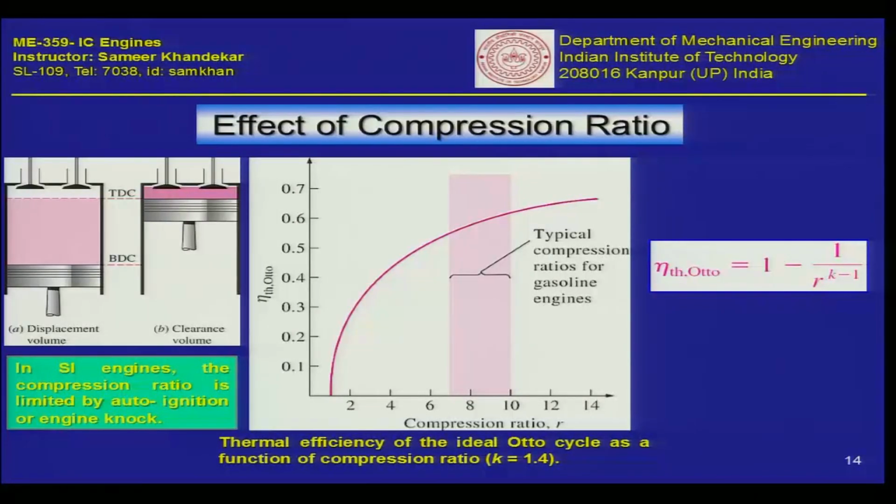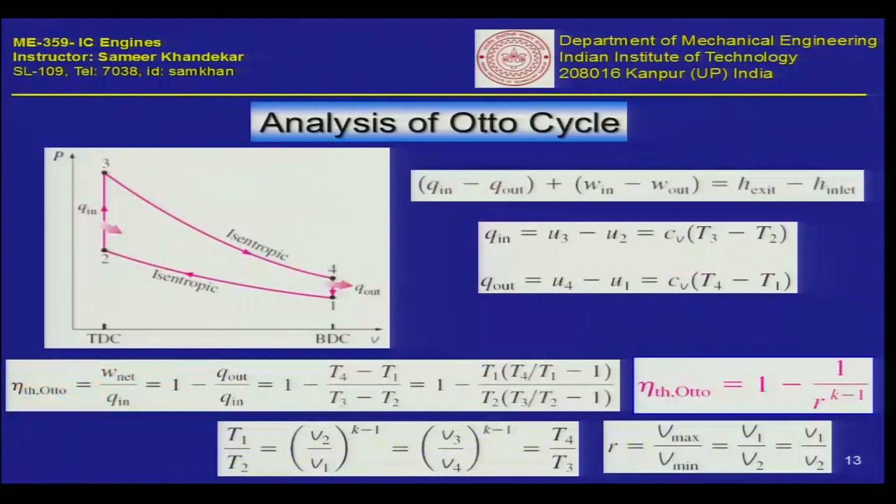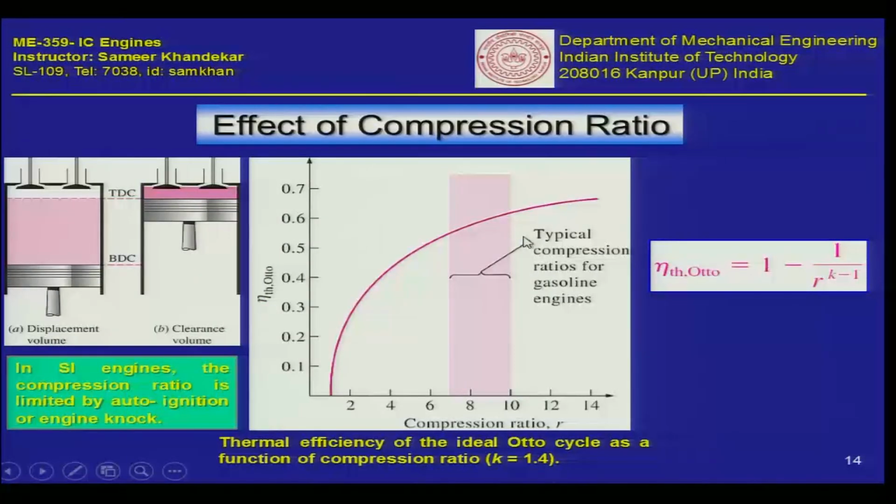As the compression ratio increases, naturally the highest pressure in the cycle will increase. That means the pressure P2 will increase, and then P3 will go further high when the fuel comes in.